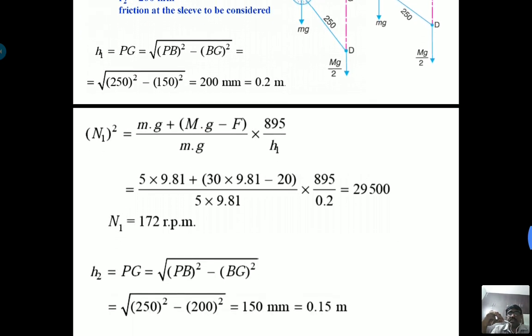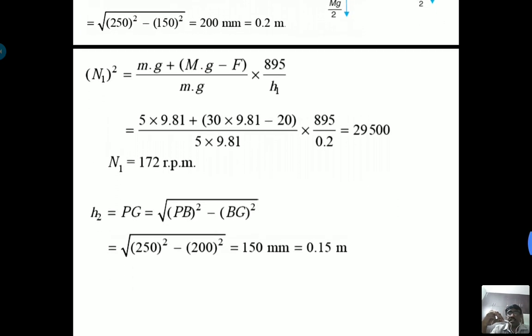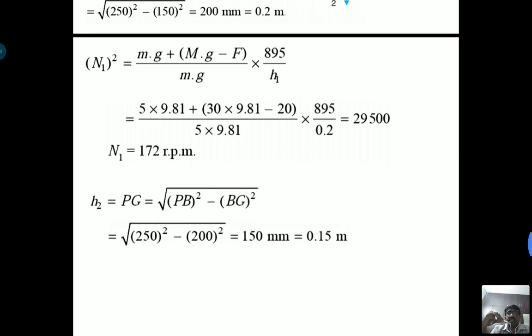So when you substitute these values in the equation, n1 square is equal to (mg plus capital Mg minus f) divided by mg into 895 by h1. Here we are considering the friction value as minus 20 Newton.